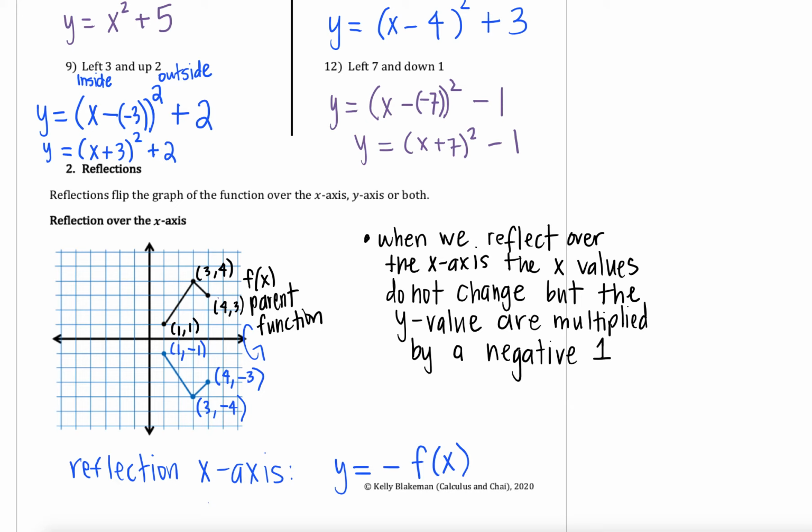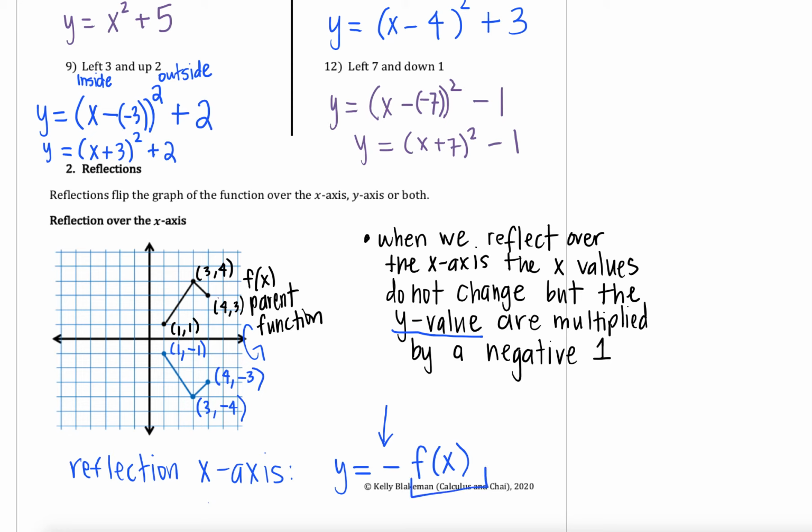And when we reflect over the x-axis, the x values do not change, but the y values are actually multiplied by a -1. And in this case, we can see that all of our y coordinates have become negative since they got multiplied by that -1 value. How we write that out algebraically is, since we're multiplying the y values, I am multiplying the outside of my parent function.